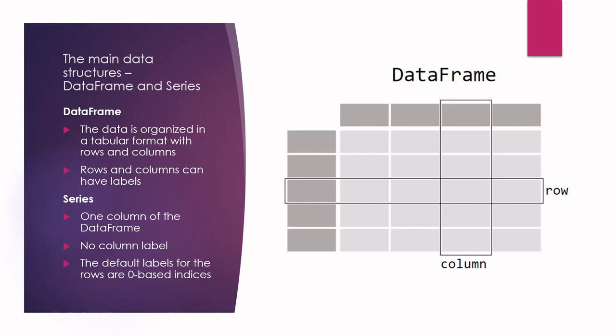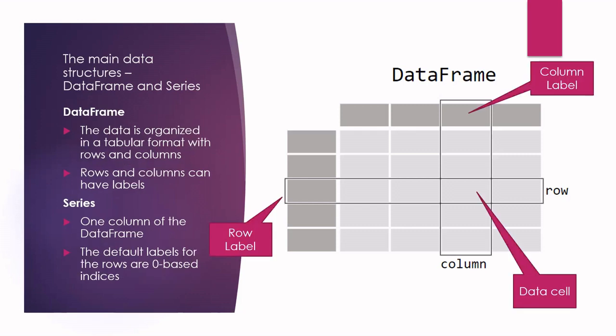So pretty much the data frame is the real central concept. Okay, so data frame is just like a two-dimensional arrangement of the data in which you would have a column and a row. Okay, and obviously the meeting of the column and the row is the data cell.